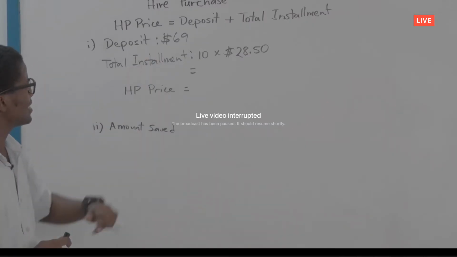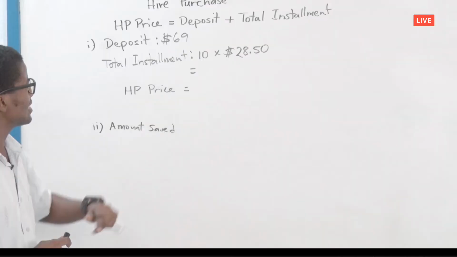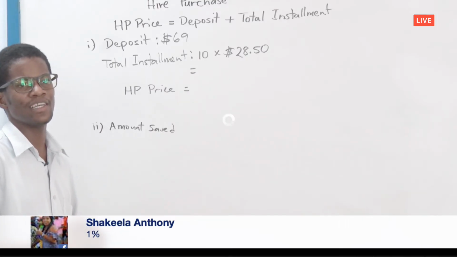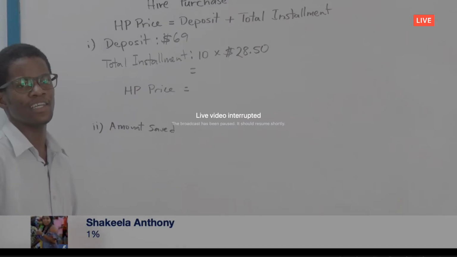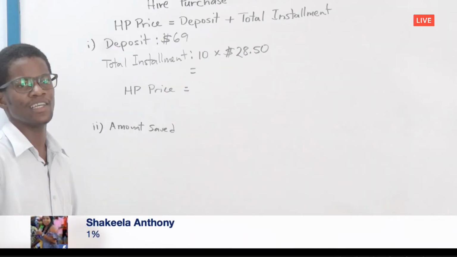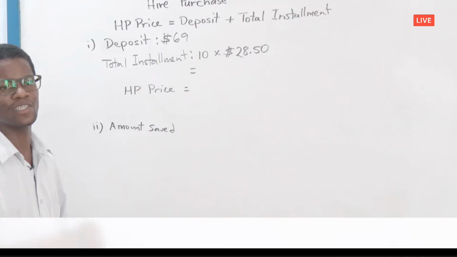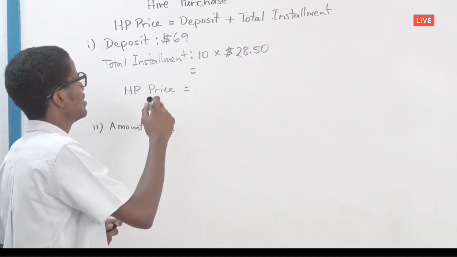So deposit, we're given $69. The total installment is 10 times $28.50.